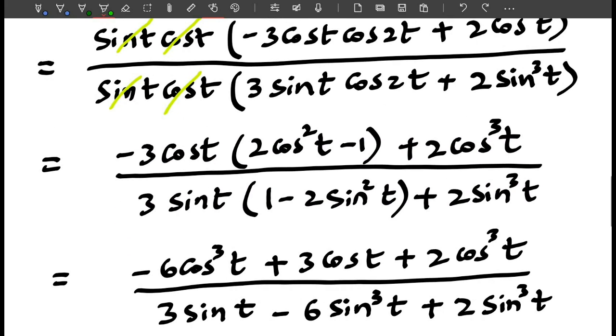Now we try to convert the numerator to the cos form and the denominator to the sine form.